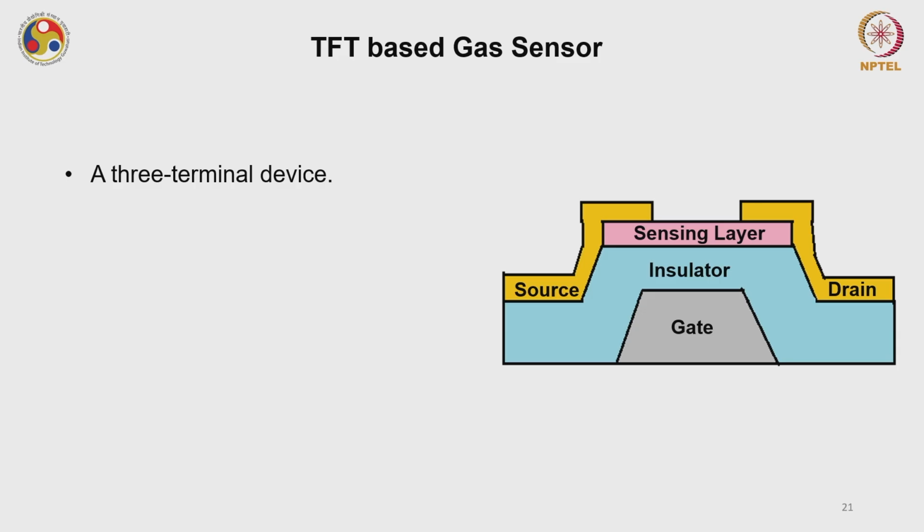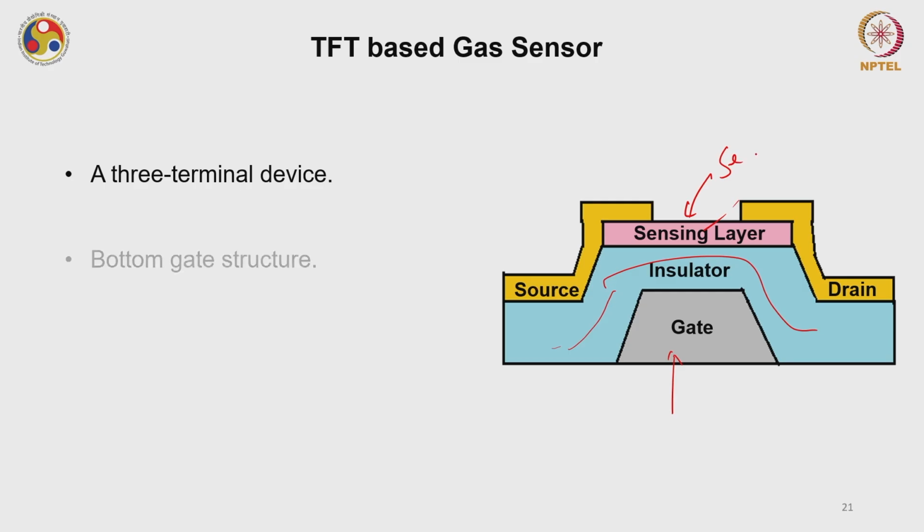TFTs, as we know, are 3-terminal devices, and this is the basic construction of a TFT for sensing application. This is your source, this is the drain, this is the insulating layer, the oxide layer that I was talking about, and this is the gate. This pink layer is showing the sensing layer.